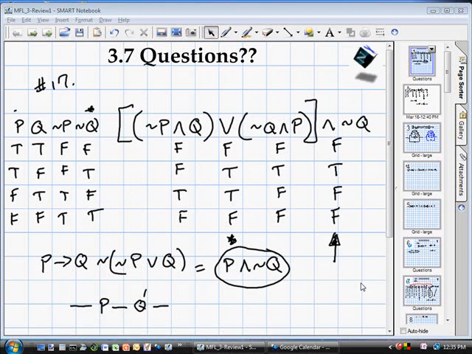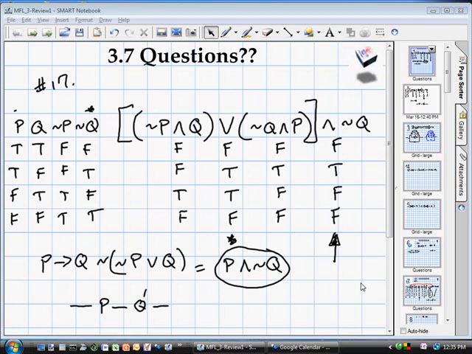So let's start doing them piece by piece, inside to out. What's not P or Q? These two, and this rule is only false when both are false. So that's going to be, except it's not or, it's and. So that rule is only true when both are true. There we go.